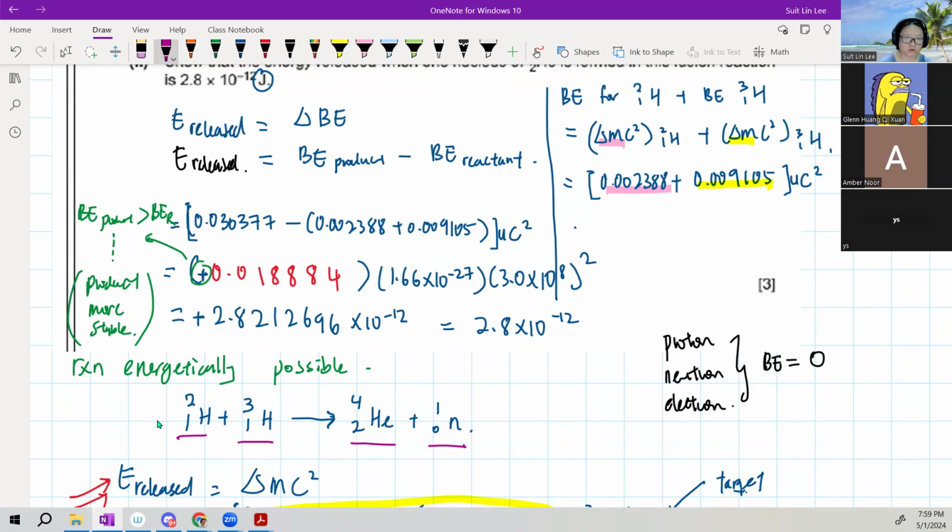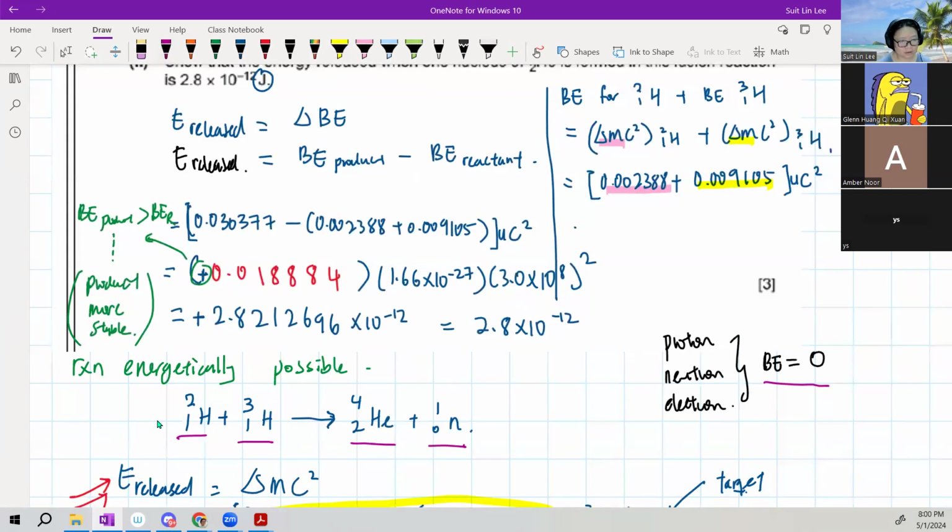Number one, proton, neutron, electron got no binding energy because it is not a nucleus. It's just a free agent, no binding energy. The only things that have binding energy are deuterium, tritium, and helium, these three things.